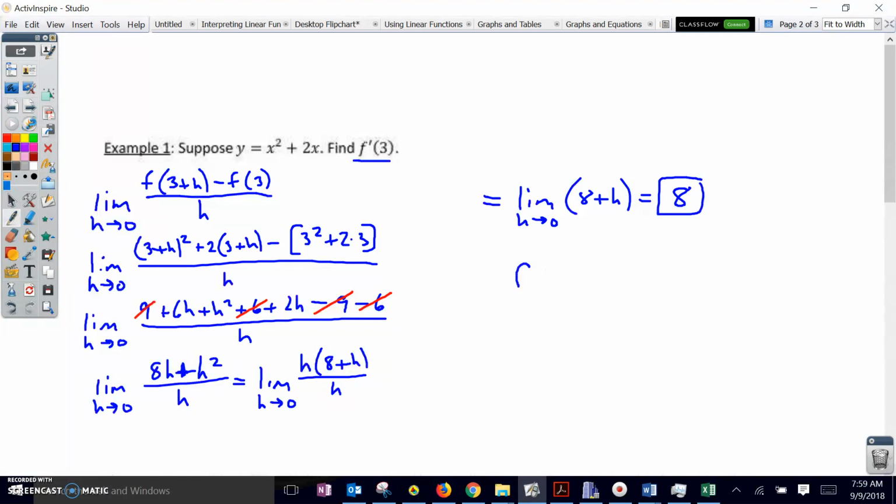And what does that mean? That means that the derivative of this function at 3 is equal to 8. And that represents the instantaneous rate of change at 3. That represents the slope of the tangent line at 3, or the value of the derivative at 3.